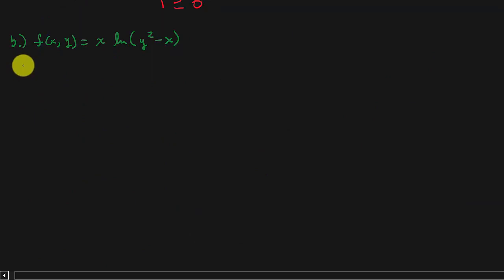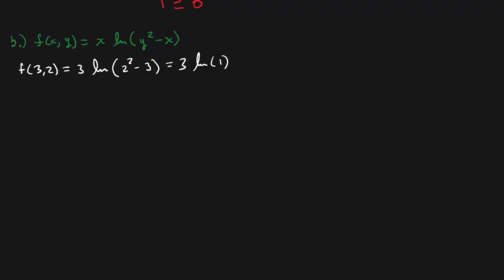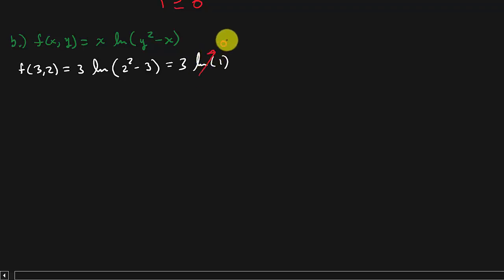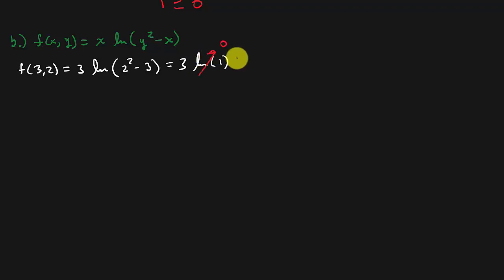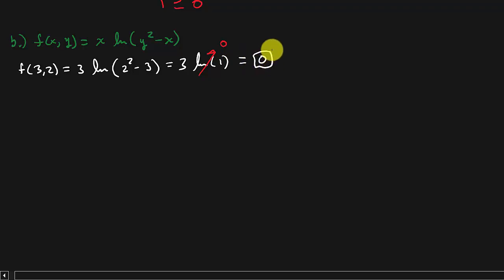So we have f of 3, 2 is equal to 3 times natural log of 2 squared minus 3, which is 3 times natural log of 1. And we know that anytime you take the log of 1, no matter what the base is, that's 0. So we know this is equal to 0.